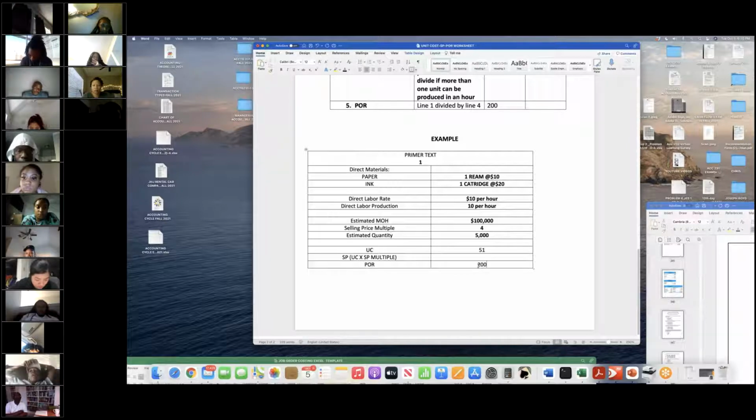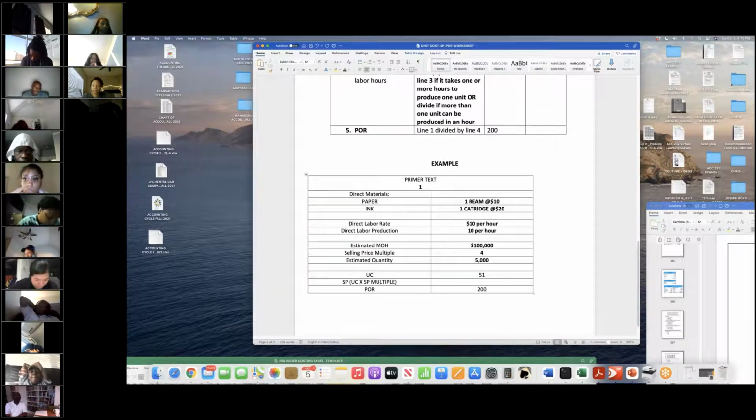So 51 times 4 gives you 204. So we got the selling price multiple was 4. So we're going to simply multiply unit cost times 4 and we get 204.